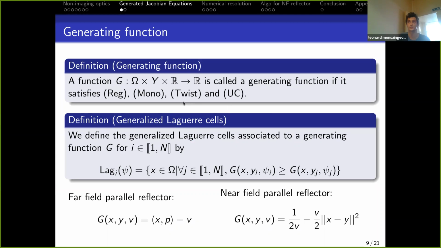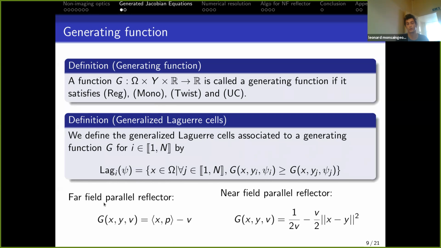So we have a generalization of the twist hypothesis that is well known in optimal transport, and we need regularity and monotonicity conditions. And once we have a generating function, we can define a generalization of the Laguerre cells, which is basically what we saw before as the visibility cell. It is the set of points on the light source where my generating function is greater at y_i than at all the other j from the target.